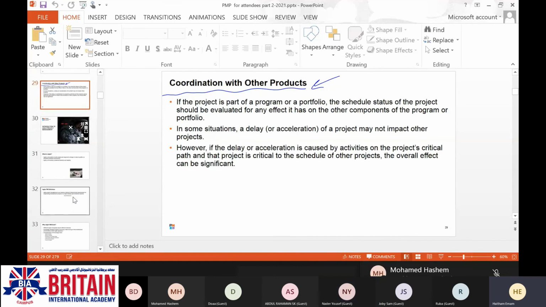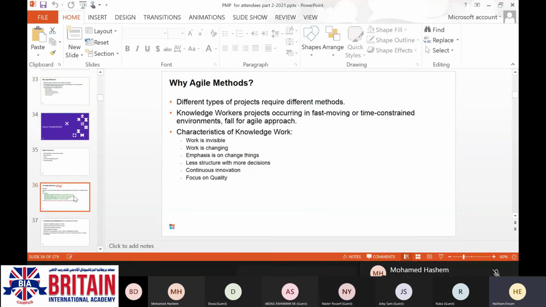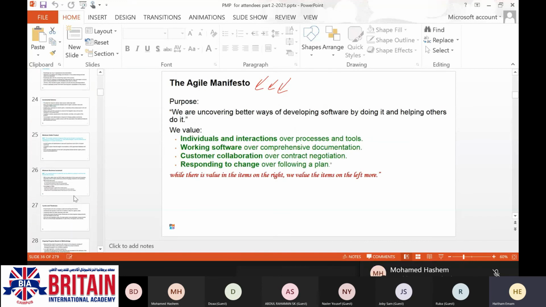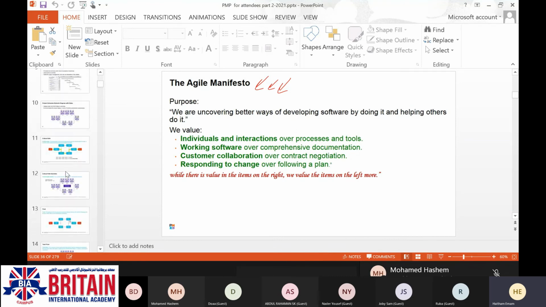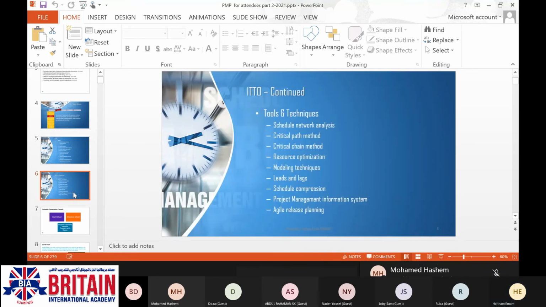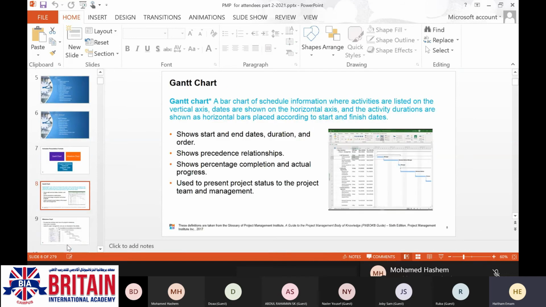Coordination with other products, on-demand planning. Agile release planning on demand. Okay, on demand, project network diagram, Gantt chart.